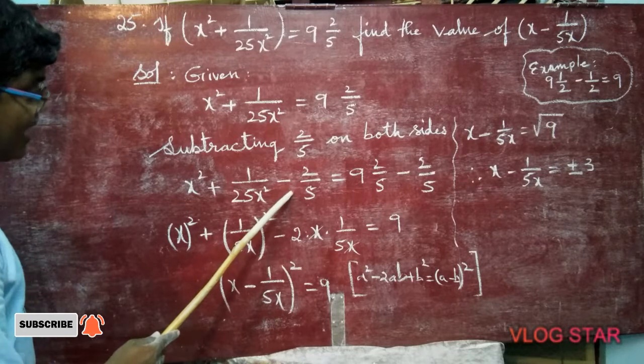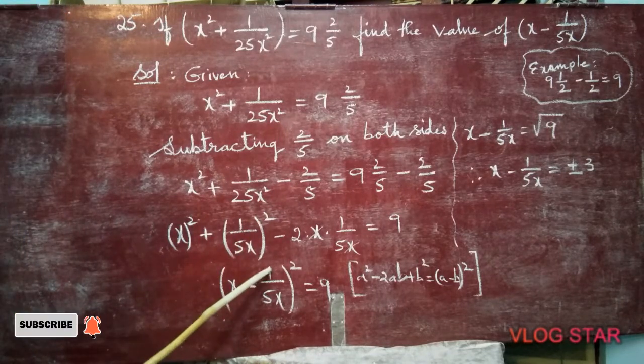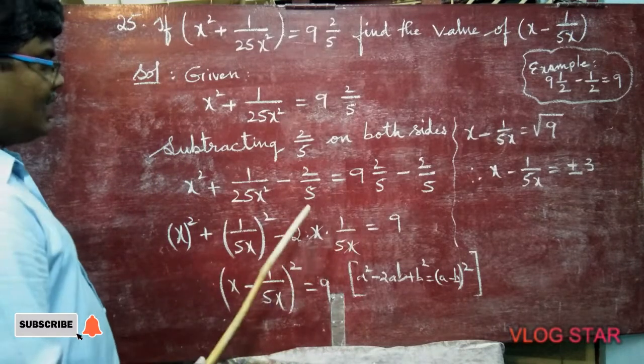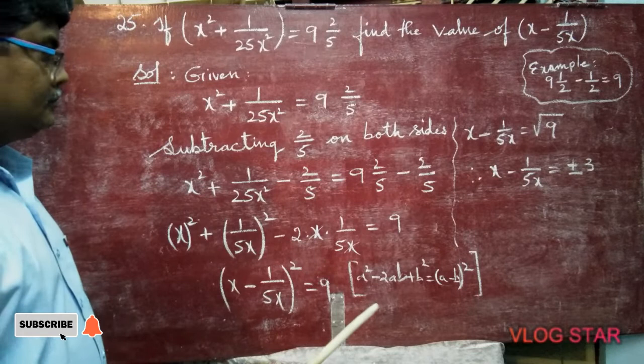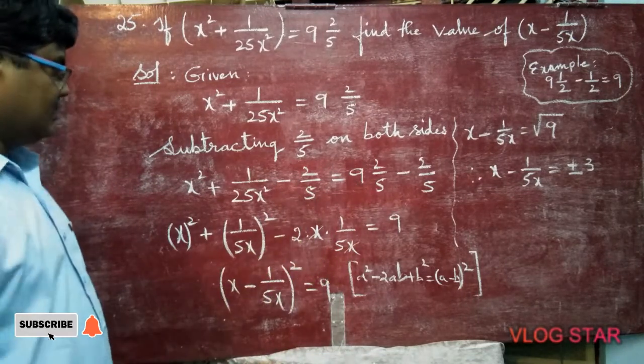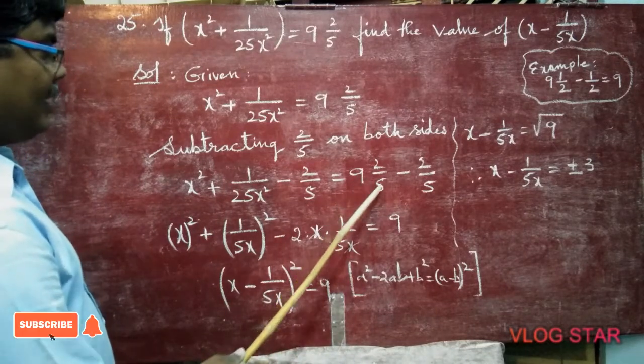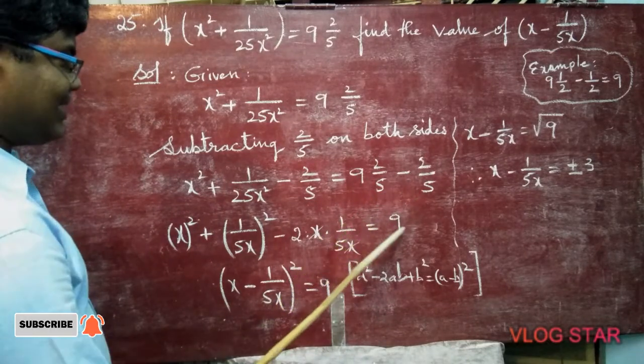So that's why we are subtracting, to get the formula in the shape of x minus 1 by 5x whole square. So we have to see for that. So subtracting 2 by 5 on both sides. Both sides we have to subtract. 9 2 by 5 minus 2 by 5 is 9.